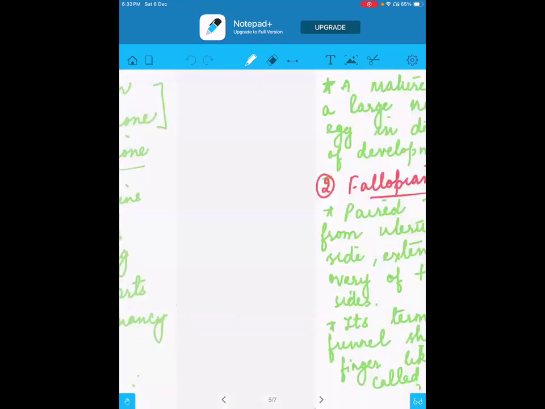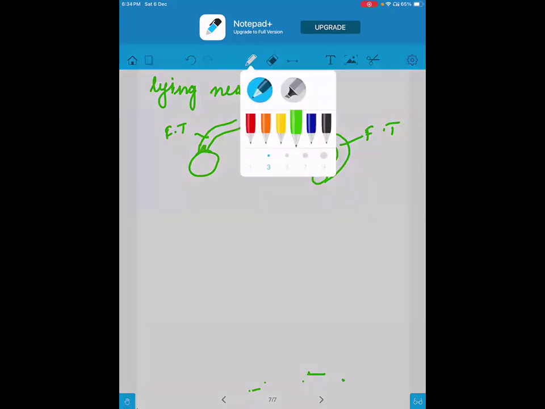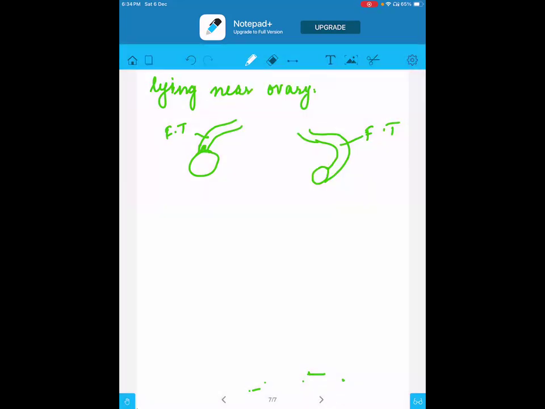I'll show you how. Suppose this part is the ovary, and like this we have the fallopian tube. And here also the ovary is present, and like this it is connected with the fallopian tube. What do they have at the end? On this side, they will have finger-like projections.